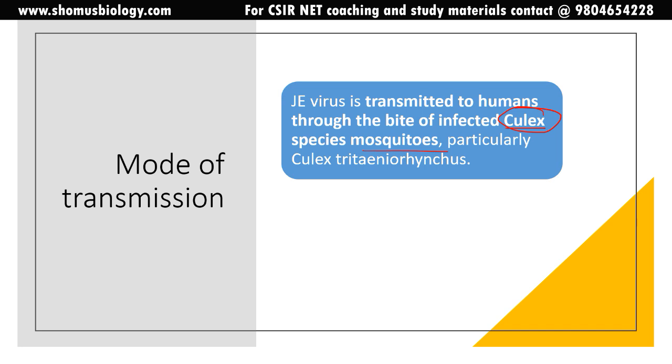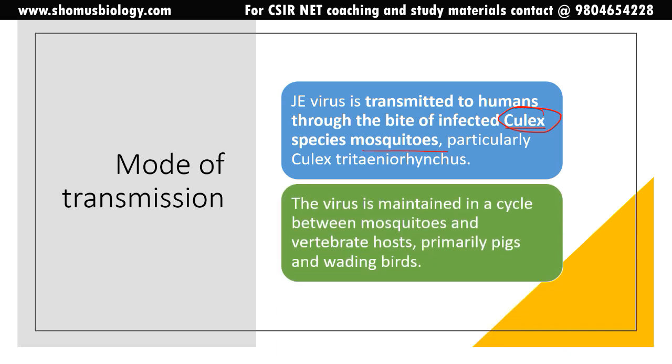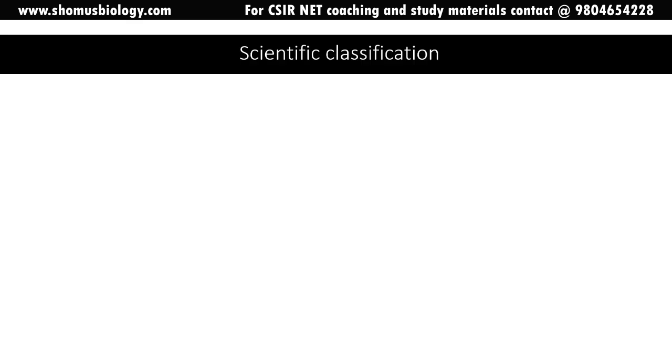Humans are only one kind of host, and the mosquito is a vector that can transfer this virus from one infected host to a healthy host. The virus is maintained in a cycle between mosquitoes and vertebrate hosts, primarily pigs and wading birds. We'll see how exactly this juggling between different hosts happens and is modulated by this virus.